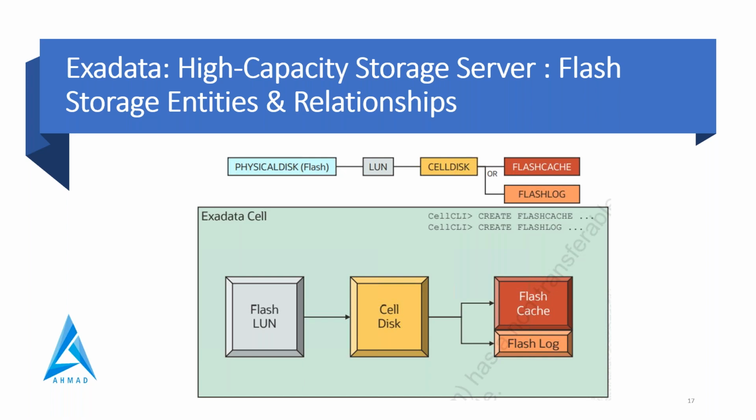Now another thing is flash storage entities and relationships. In the diagram you can see that you have flash LUN, then you have cell disk, and then you have flash cache and flash log. You need to create flash cache, and you need to create flash log.